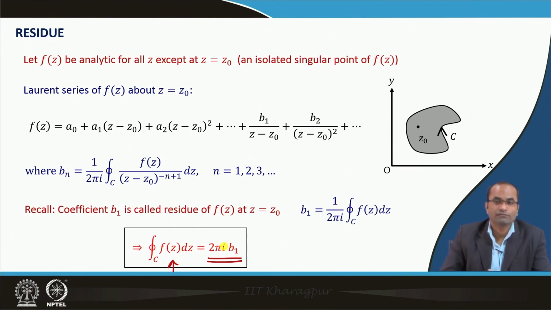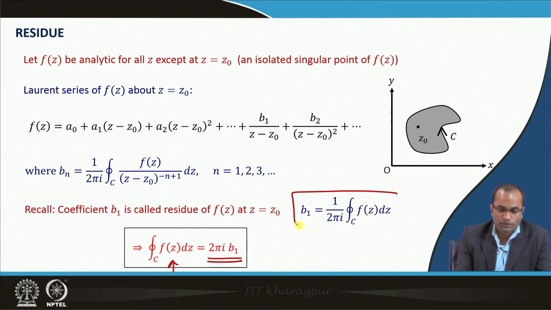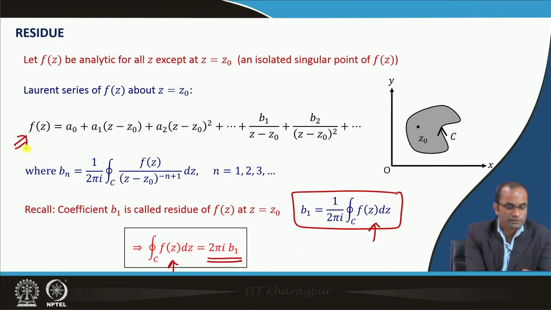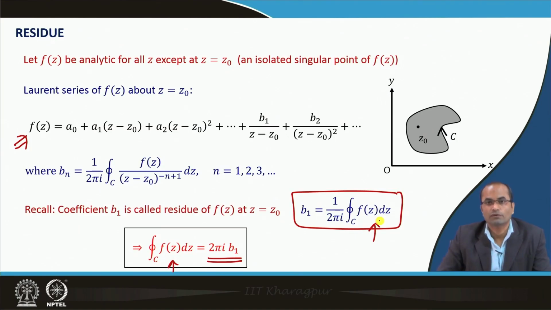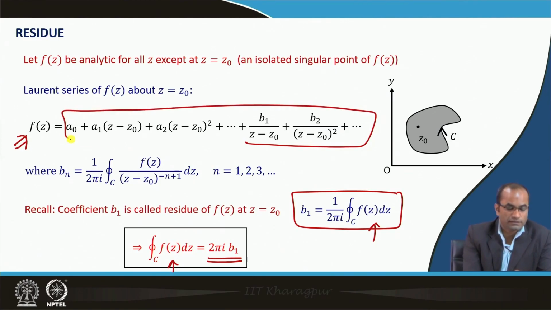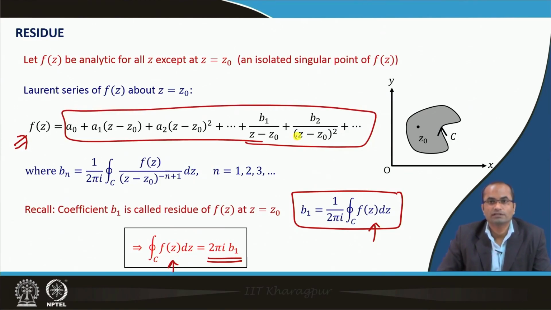Naturally we will not use this integral formula to find b 1. In the Laurent series expansion, if you remember, we did not use this formula to evaluate the coefficients, because computation of these complex integrals may be complicated. By some other means we expanded the function in terms of the Laurent series.